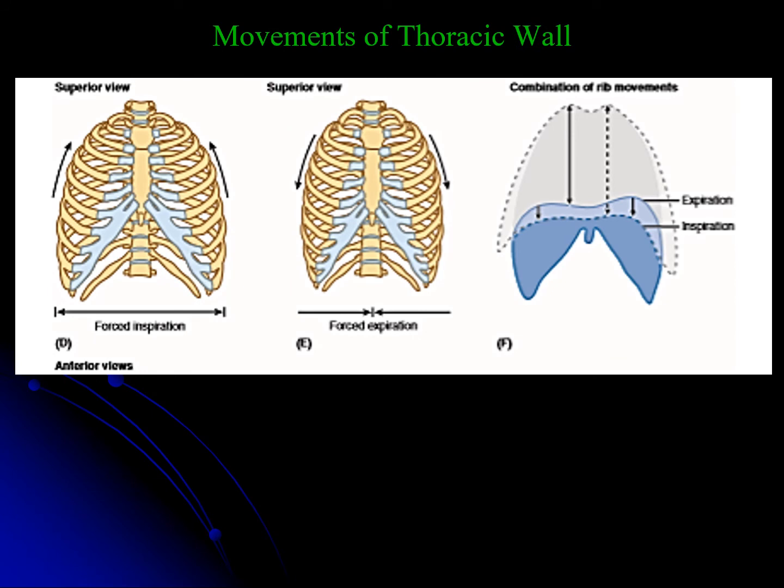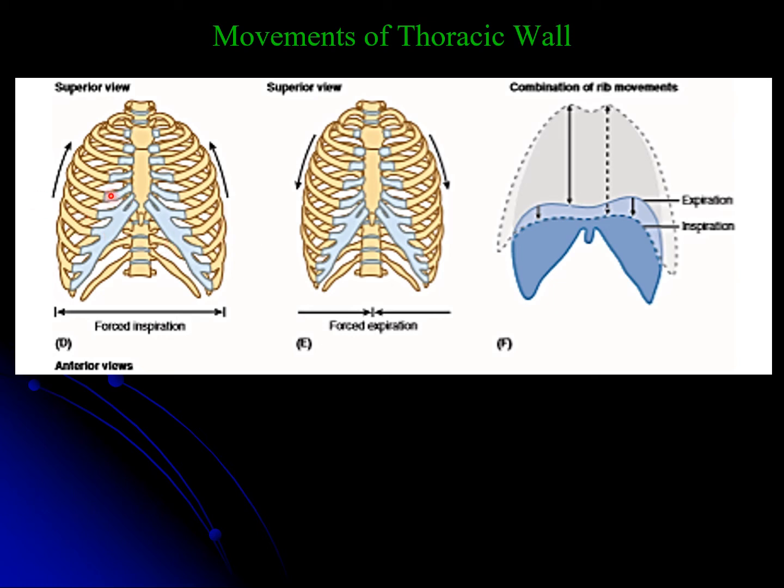This diagram is showing that, and we will talk about quiet and forceful expiration in the next slides, but here we can see if we forcefully expire, all the air will go out. So this is the part where the ribs are depressed downward and the diameter decreases. And if you compare this diagram with diagram D, you can see that the ribs are flaring out and the diameter is increased.